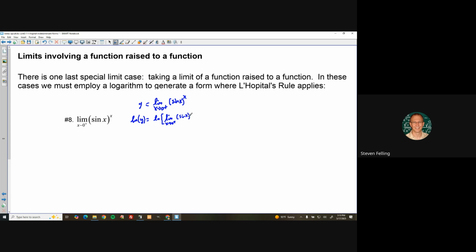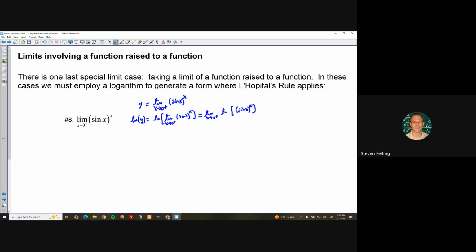I get to do a few things. The first thing is there's a property of limits that says that if you have a function containing a limit, you can take the limit of the resulting function. So you can swap these two things. So by theorem, this is equal to the limit as x approaches 0 from the right of the natural log of sine of x raised to the x.